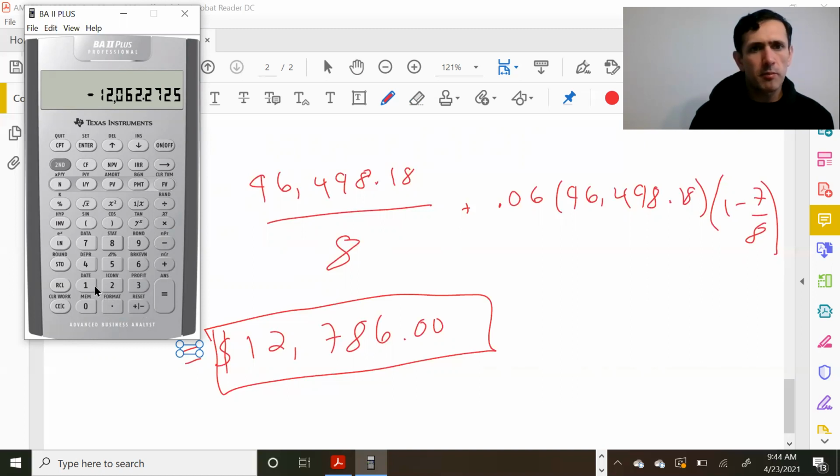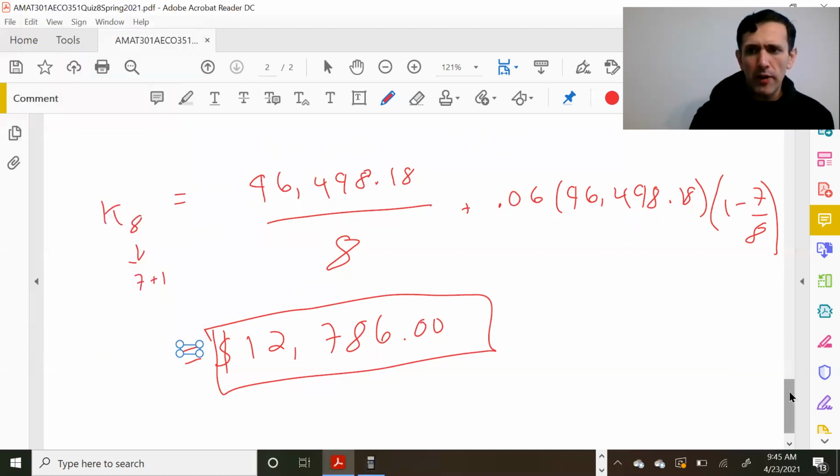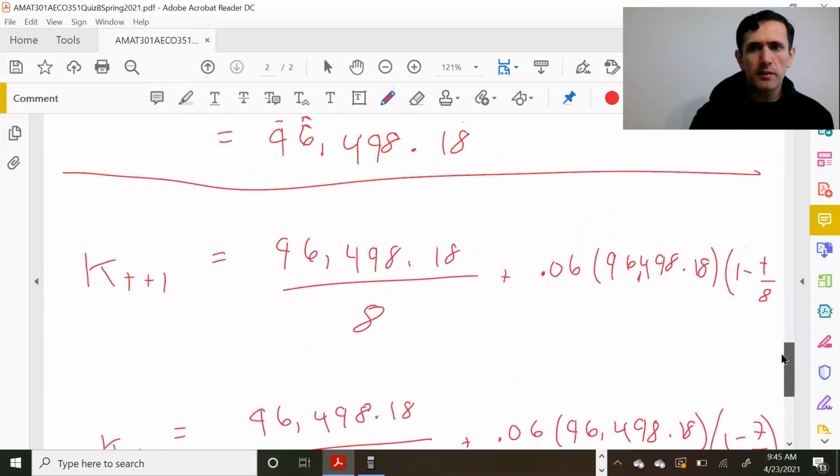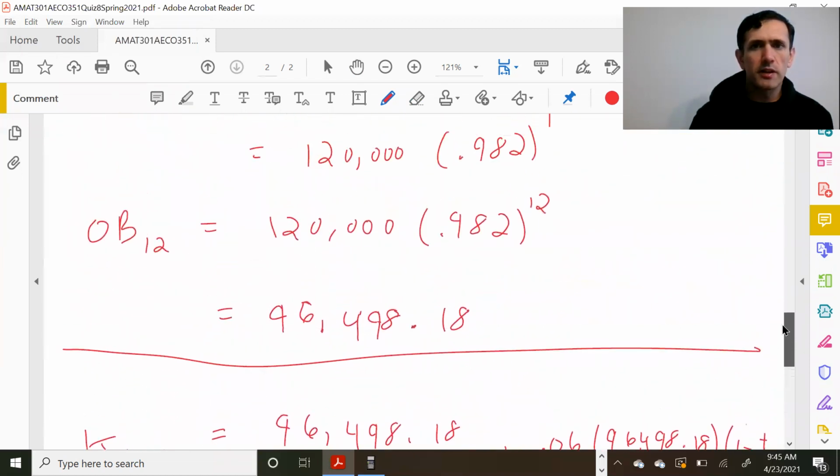So just curious, what's the last interest payment? Well, about $723 is your last interest payment. All right, well, that takes care of it.